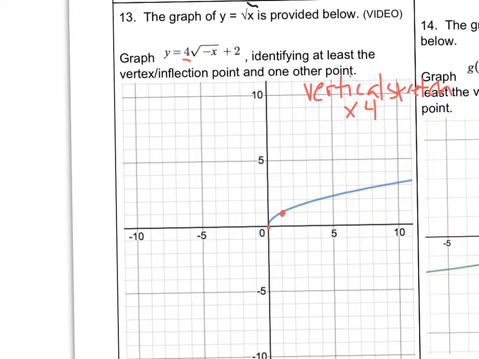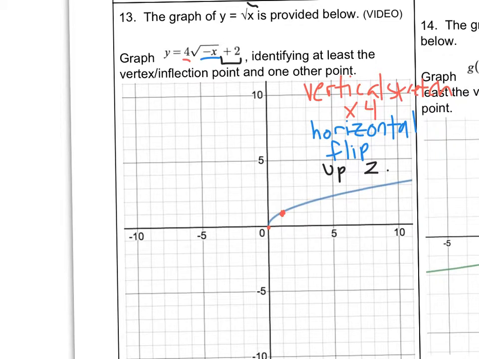So that's the first piece we're going to play with. The second one is on the inside. This is going to be a horizontal flip. Actually going to do that part first so that we have something a little bit clearer to work with. And then finally, we were going to have plus 2 at the end. It's going to slide up 2.